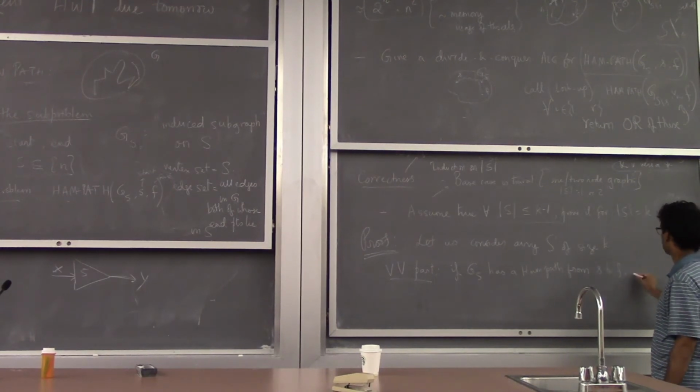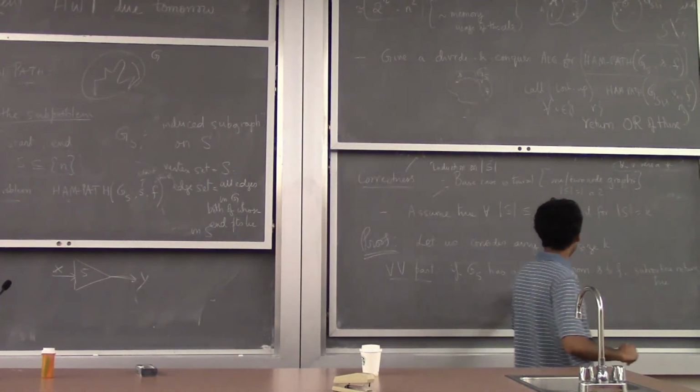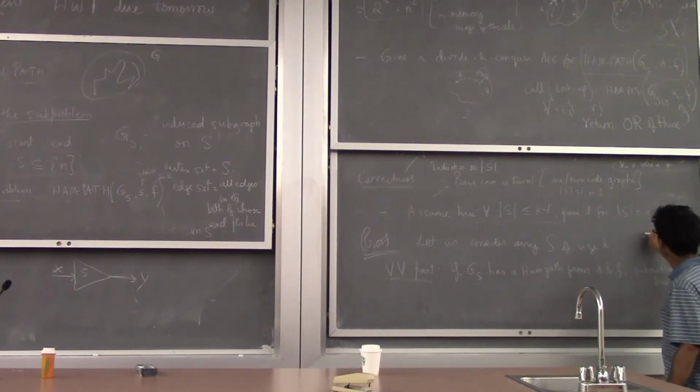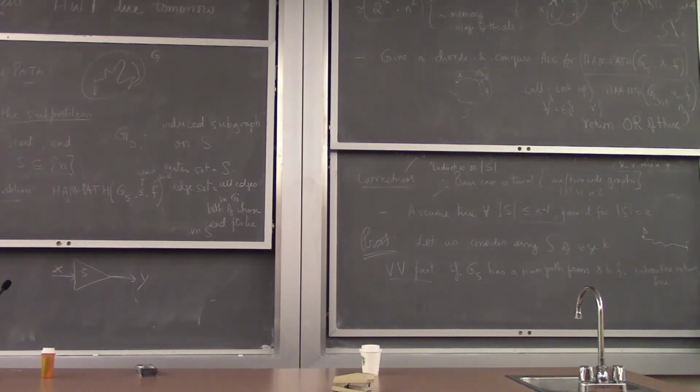So this subroutine, and the reason is exactly what she was saying, that suppose there is a Hamiltonian path, then this one is supposed to start with S and go to F, and it should cover everybody in S in between. Maybe the path looks more messy. It looks like this, covers all the vertices and goes to F.